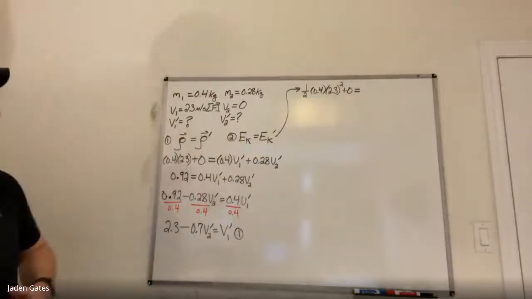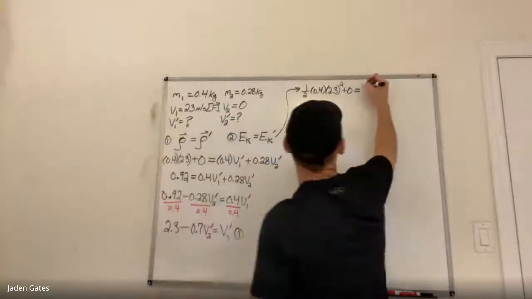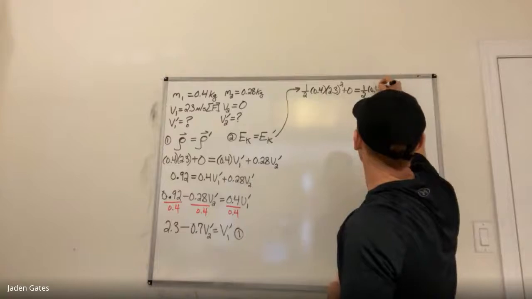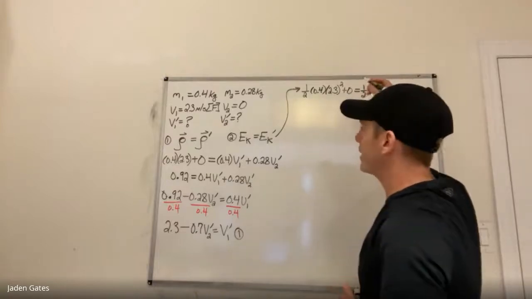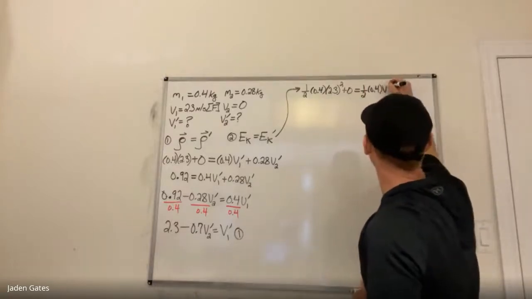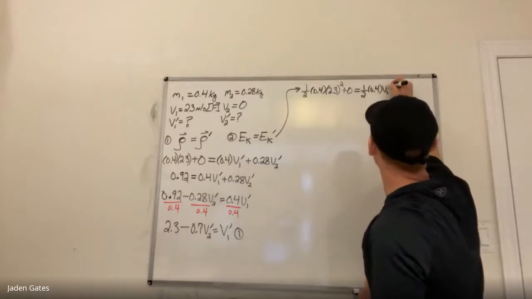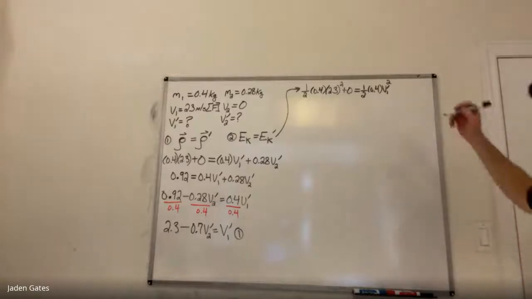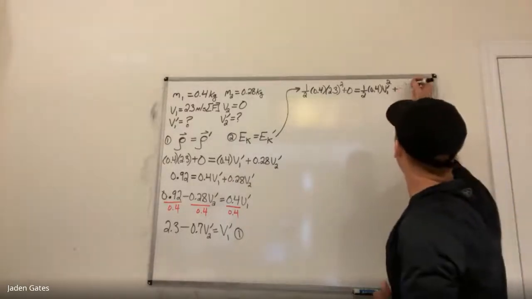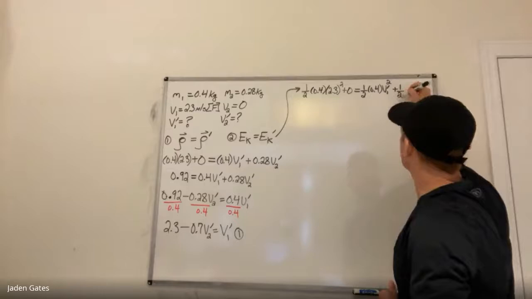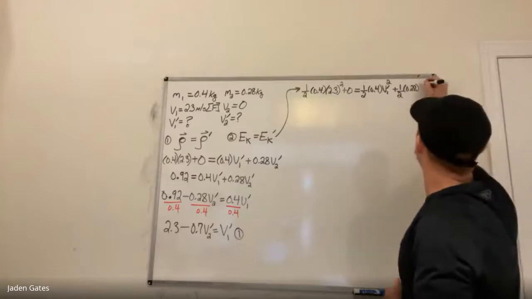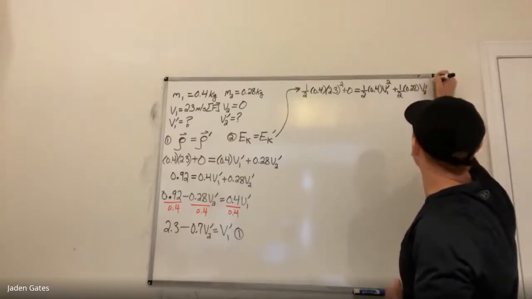So again, I'm going to have 1/2 0.4, that's the mass of our first object, and its velocity after the collision is v1 prime, but we're doing kinetic energy, so it's squared. Plus I've got 1/2 the other object, which is now moving, 0.28, or I think it is anyways, the mass, and now I've got v2 prime squared.